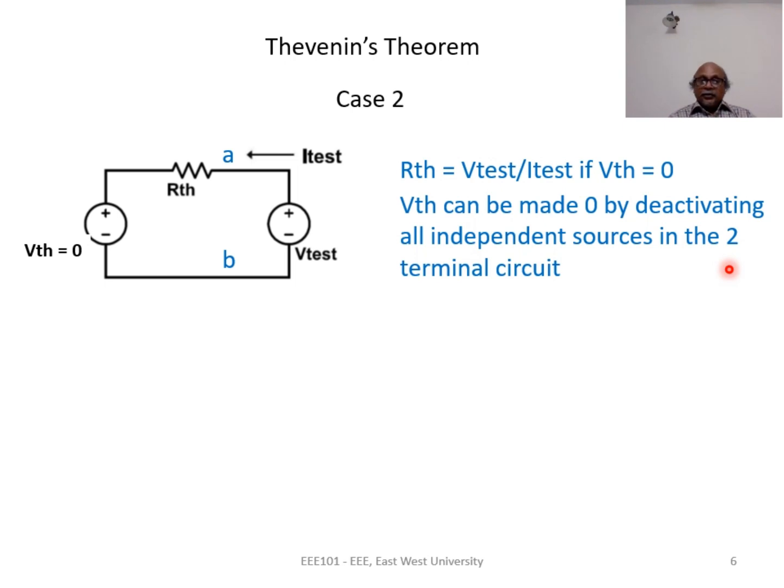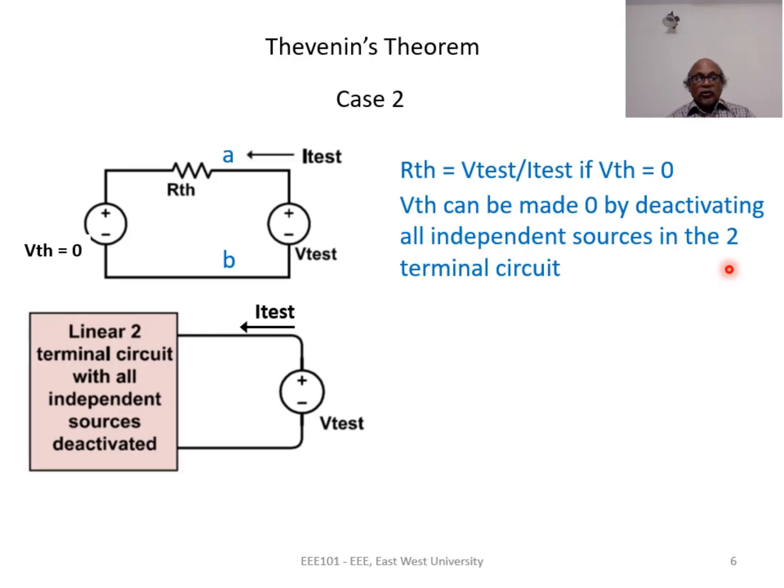Okay. So we have two possible ways to apply case 2. In the first case, we have the linear two-terminal circuit with all independent sources deactivated. Between node A and node B, we apply a test voltage source whose voltage Vtest is known. In theory, Vtest can have any value as long as we know the value.